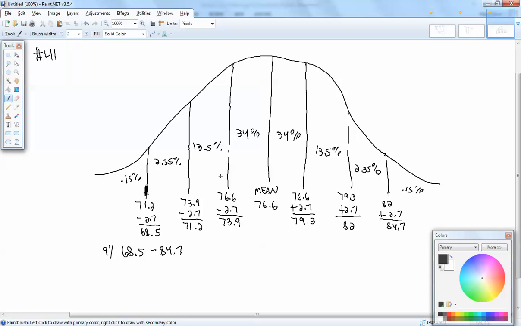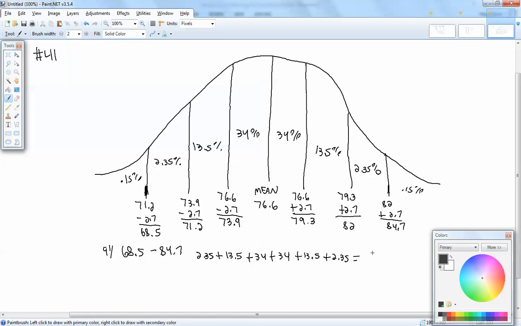So we're going to add up all the percentages in between those. So we got 2.35 plus 13.5 plus 34 plus 34 plus 13.5 plus 2.35.